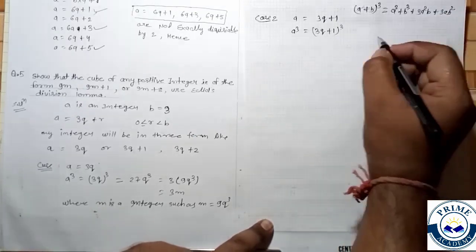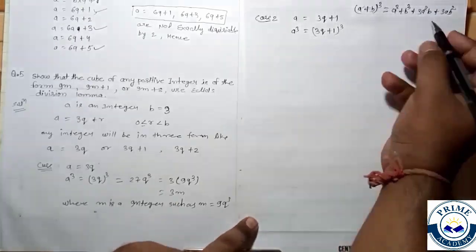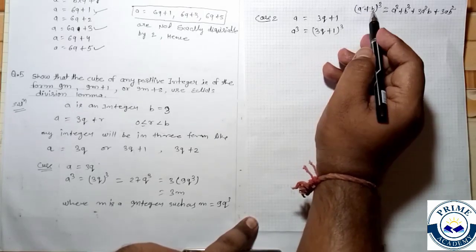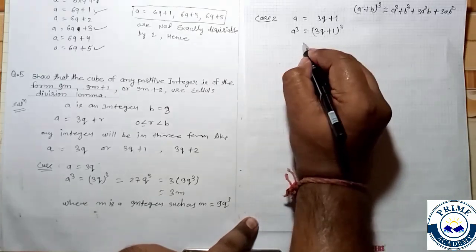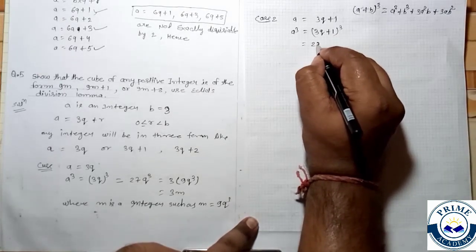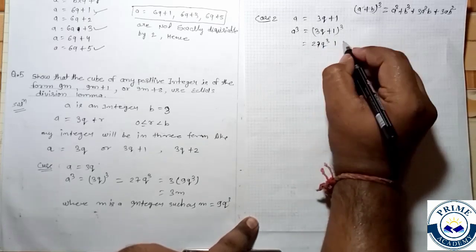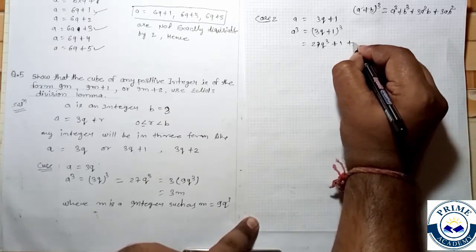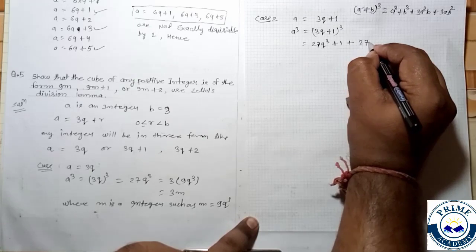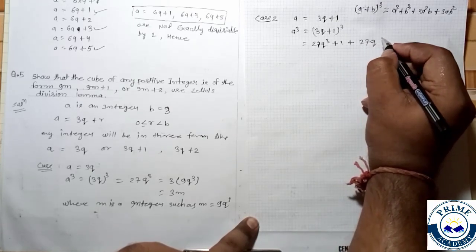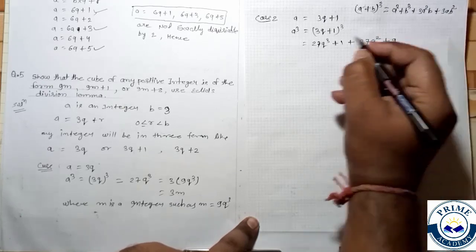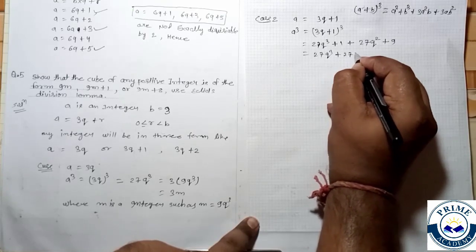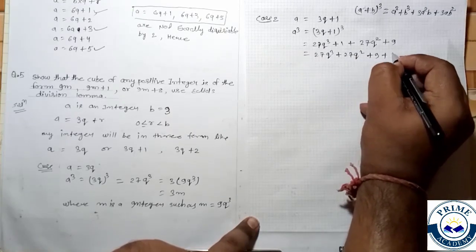So by comparing this identity, I can put the values. In the place of a we have 3q, in the place of b we have 1. So I can write this as 27q cube plus 1 plus 27q square plus 9q.